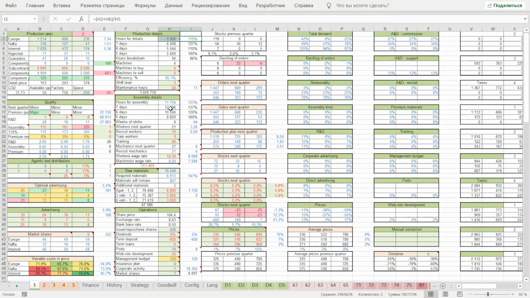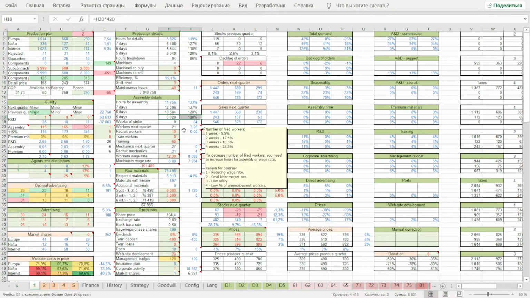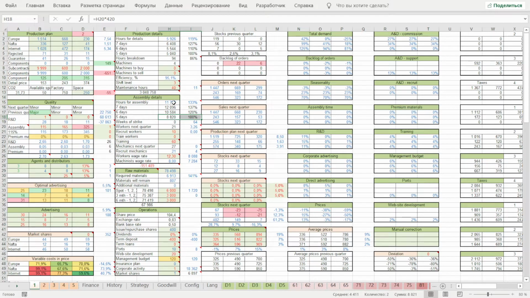Similarly, calculation of the number of hours for assembly details takes place taking into account the number of available workers, percentage of rejected products, number of strikes, and hours of sickness. Loading workers at 100% means maximum production at a 5-day work week. A value greater than 100 means that workers are involved in working on weekends.